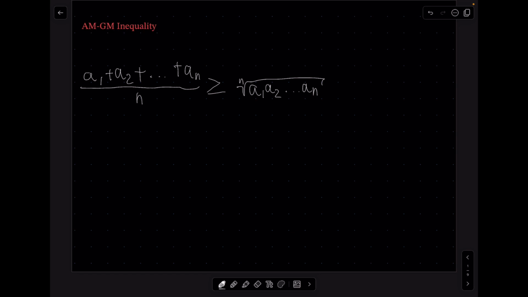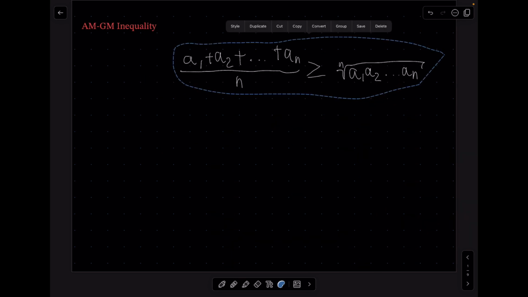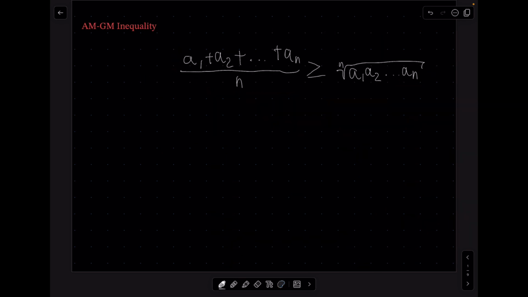So to prove this, we're going to use a technique called Cauchy induction. And what that is is very simple. It's two parts. The first part is showing that this works for all even n's, so we're going to prove it for 2n, right?